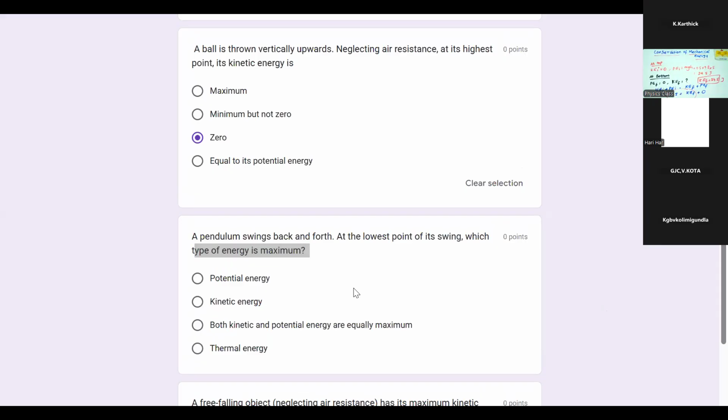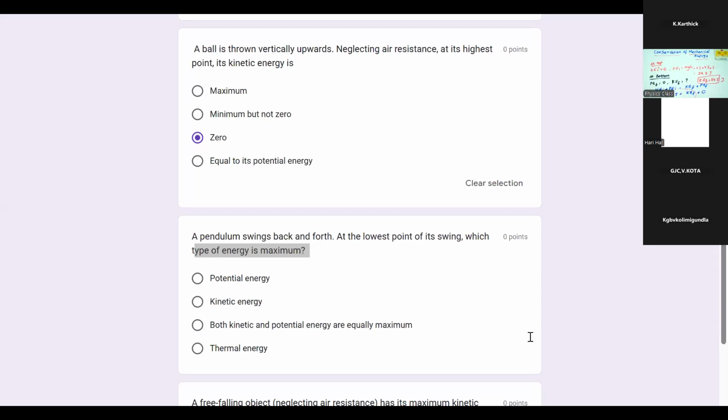Okay, both options 2 and 3 were chosen by some. Okay, kinetic energy, I think. Okay, right. Good. Very happy to see that.